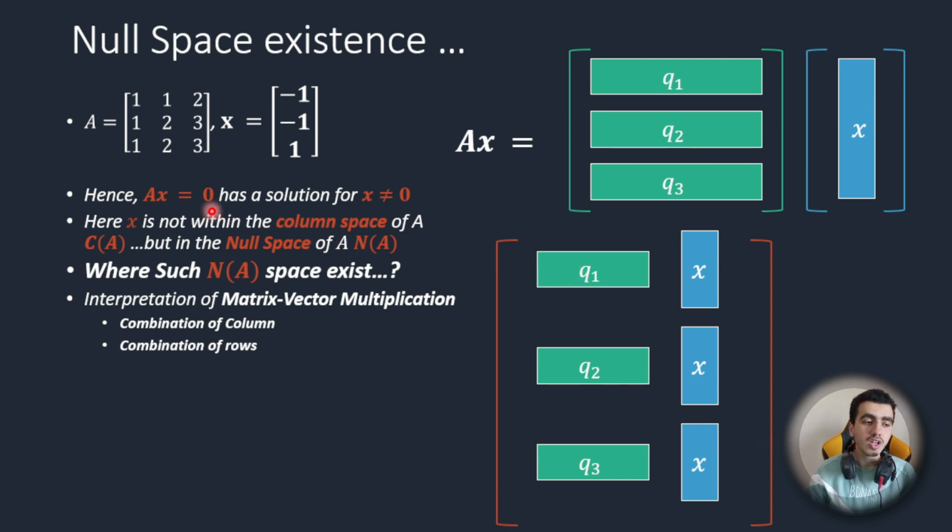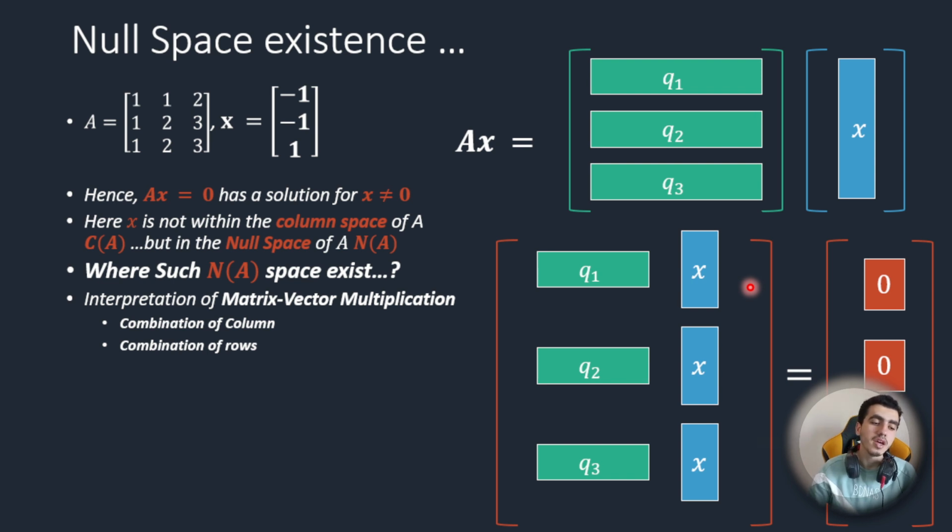Since we are talking about the null space and this equation, any solution that satisfies this equation exists in the null space. So if we insert -1, -1, 1 into these x's and these rows into q1, q2, q3, the output should be 0, because each of these parts will be a zero due to these 3 dot products. And if you remember from the dot product properties, if the result of the dot product is 0, then these two vectors are orthogonal, perpendicular to each other.